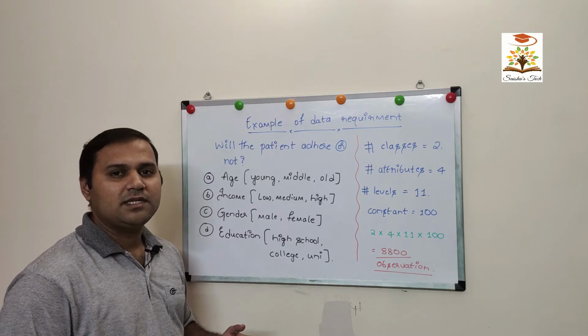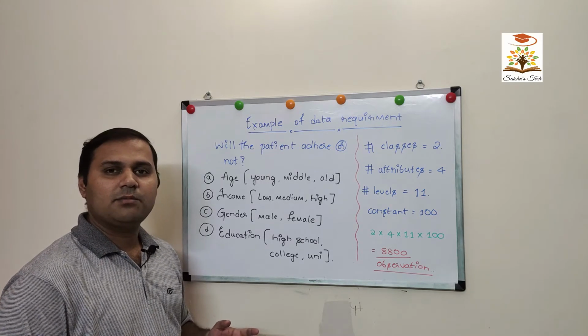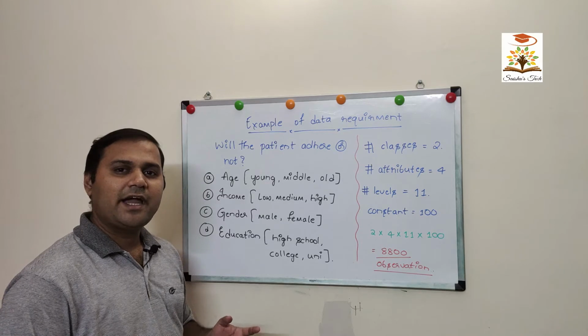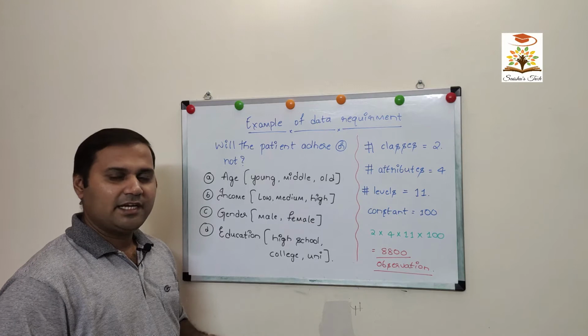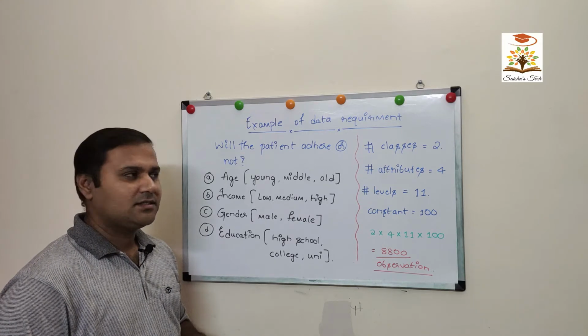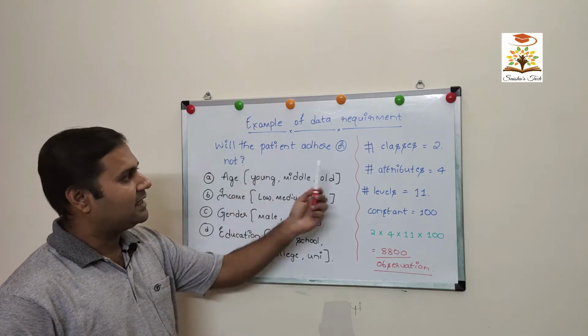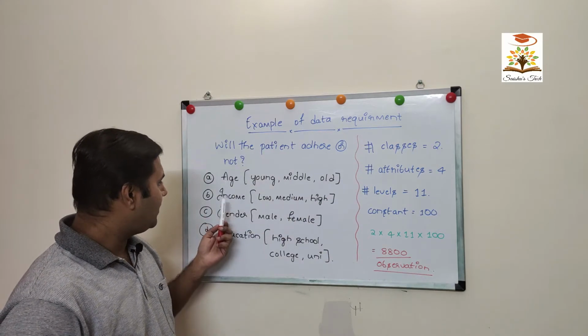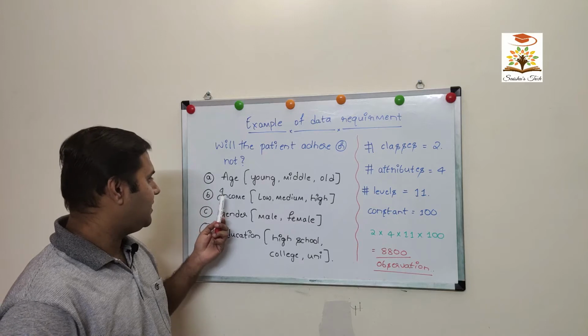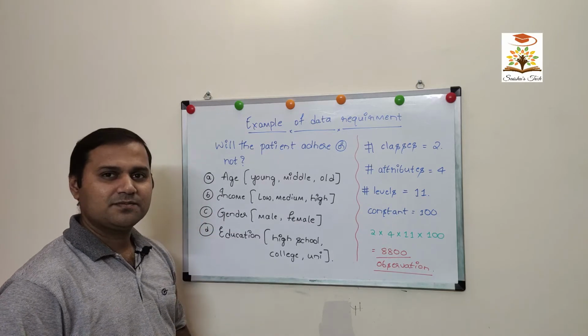According to the rule of thumb, it is a multiplicative factor of number of classes, levels and attributes with a constant. So, identifying the number of classes, it is adhere or not, that is a 2-class problem. Number of attributes, we have 4 attributes, that is age, income, gender and education.